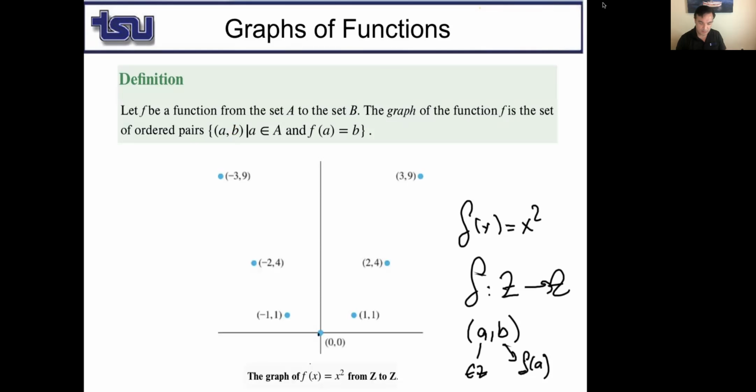So for example, if a is 0, b is what? 0 squared, 0. If a is 1, 1 squared is 1. If a is 2, 2 squared is 4. If a is 3, 3 squared is 9. So these are the ordered pairs, and that's called the graph.